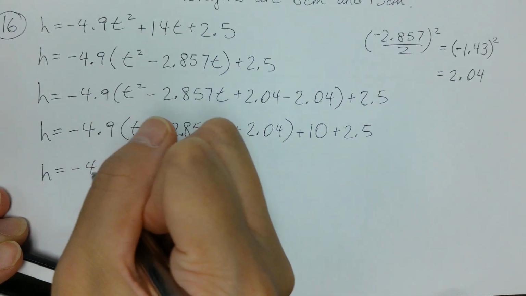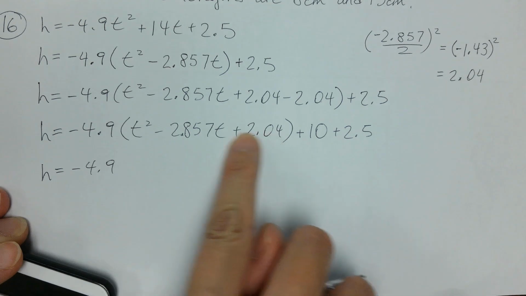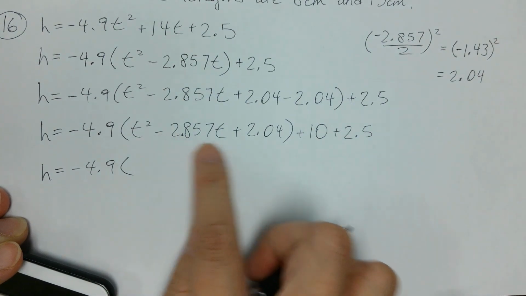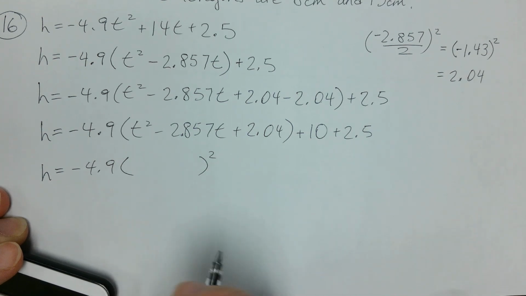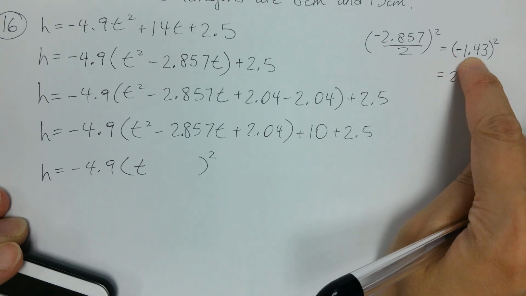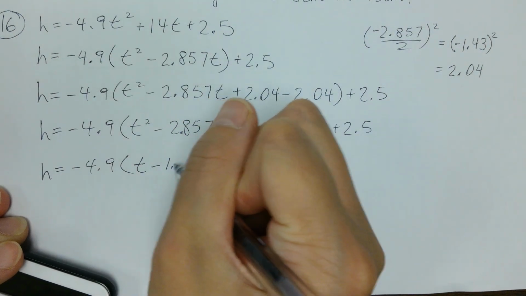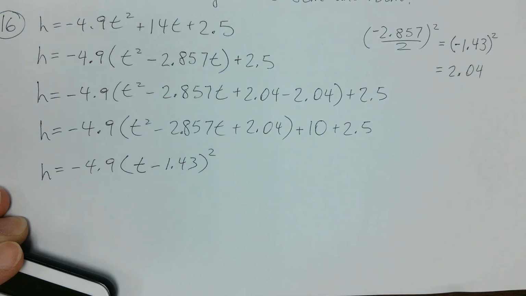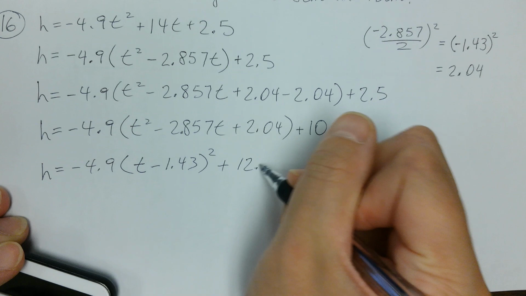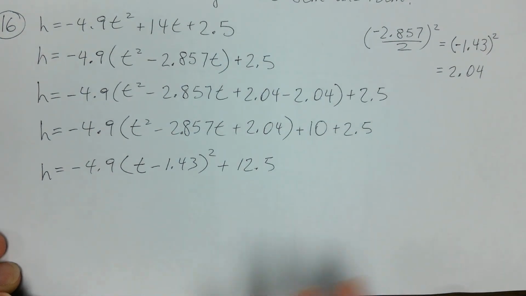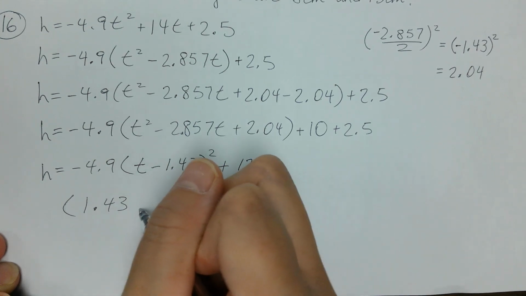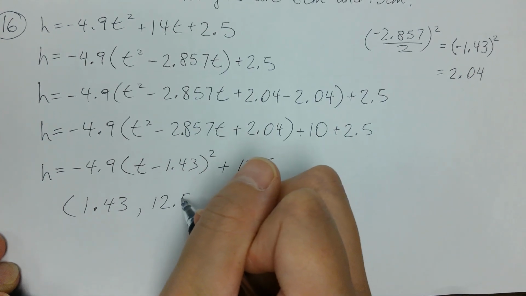Okay, so negative 4.9. Now I factor this. This factors down to what? Yeah, Tasia? t minus 1.43. And then here, it just adds to 12.5. So my vertex is 1.43 and 12.5.